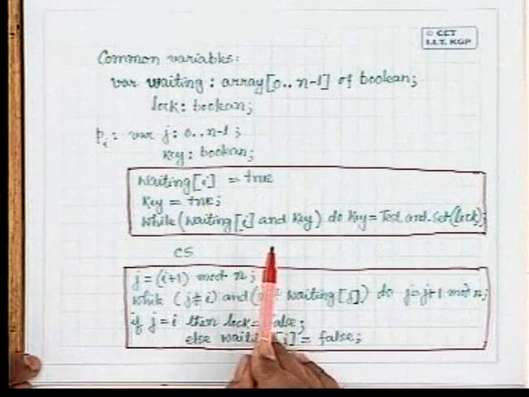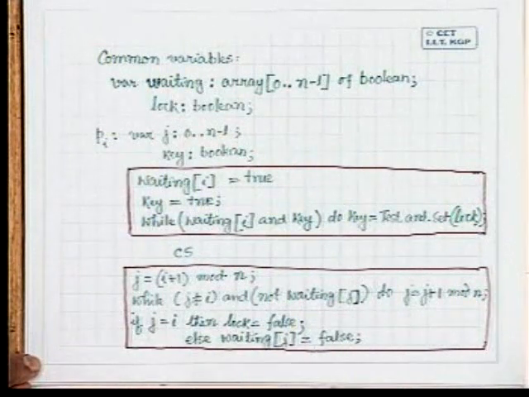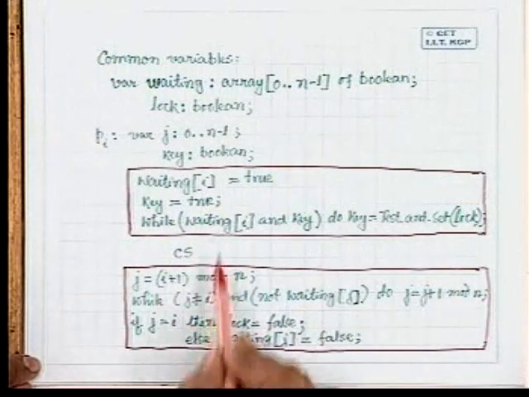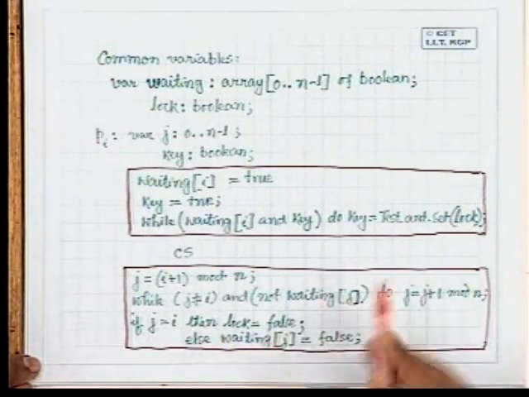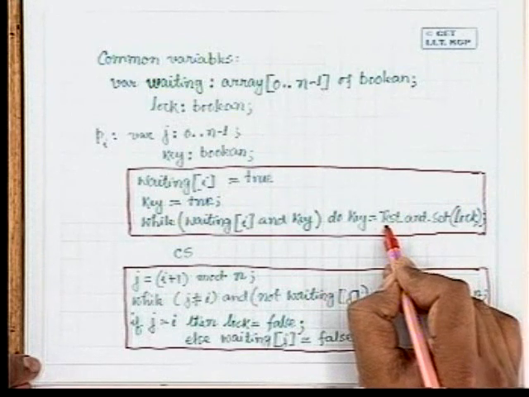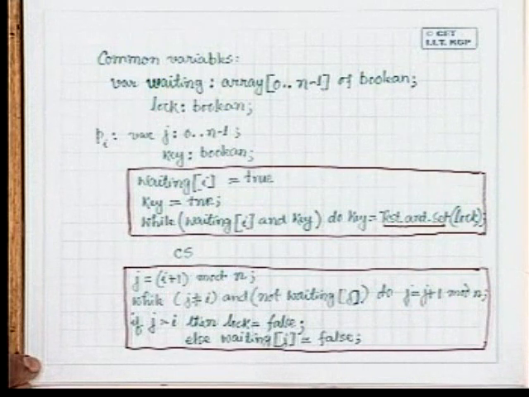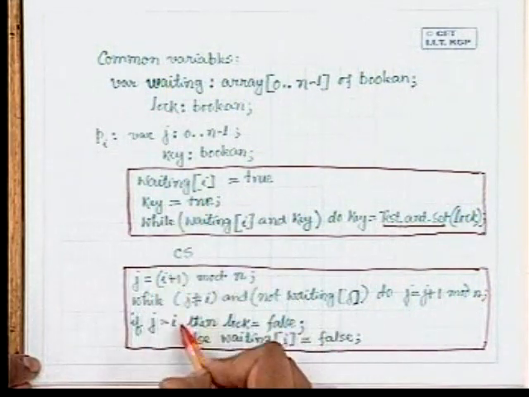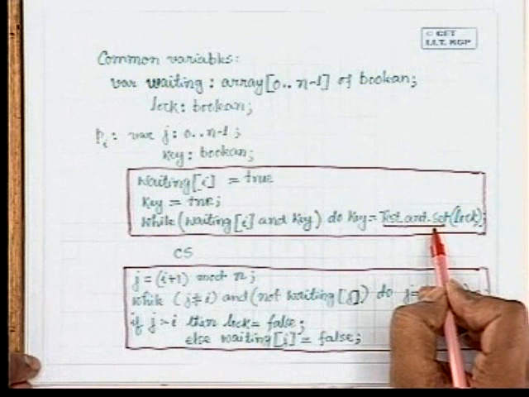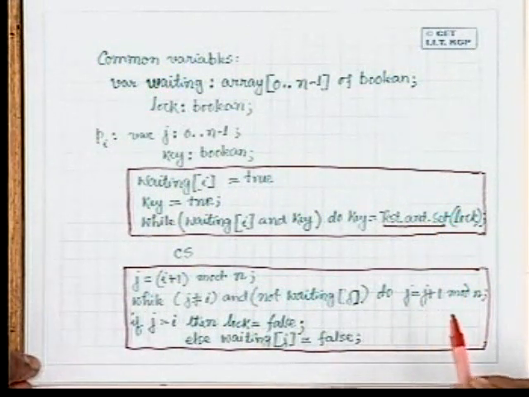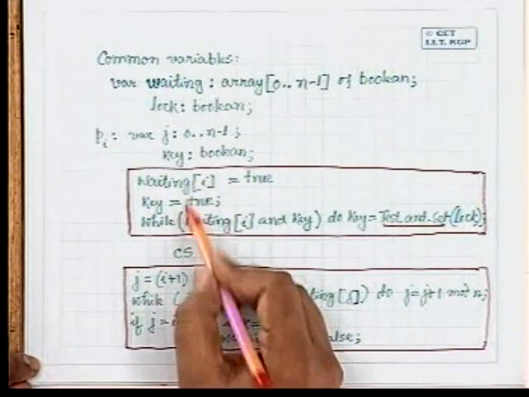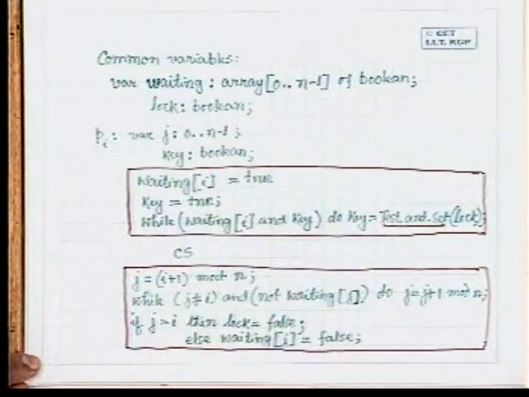We find that this solution meets all the requirements: mutual exclusion, progress, and bounded waiting of the critical section solution. And we have been able to implement it using this test and set hardware instruction. Of course, the other things are required, because test and set will always guarantee mutual exclusion, but the others are not guaranteed. So to guarantee that the other requirements are also satisfied, we have to put in these different data structures.